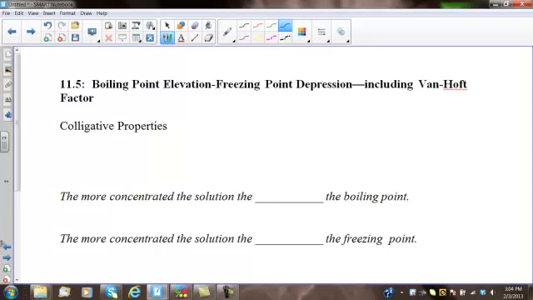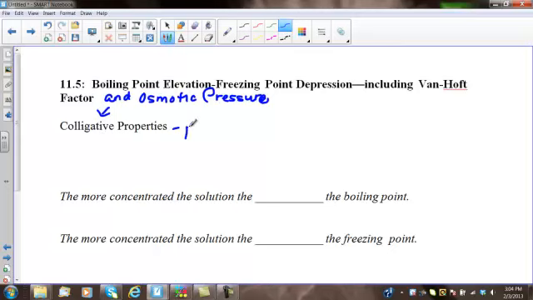Boiling point elevation, freezing point depression, including Van't Hoff factor, and osmotic pressure are all classified as colligative properties. So, if these are all colligative properties, how can we define a colligative property?